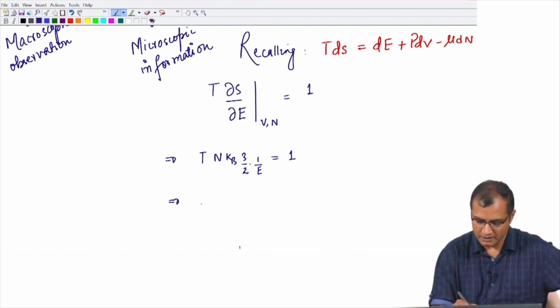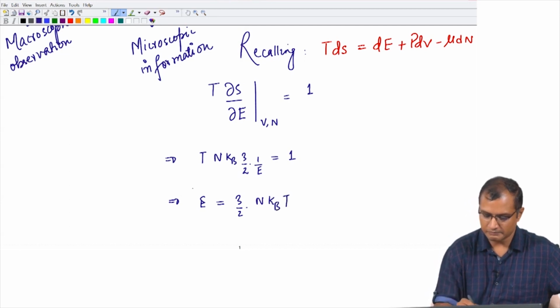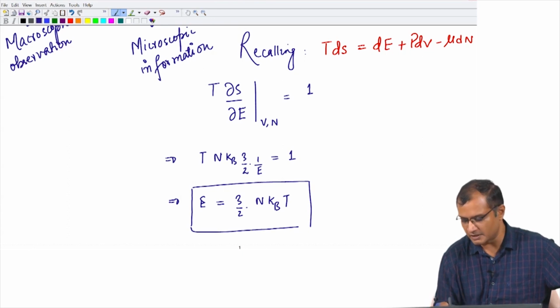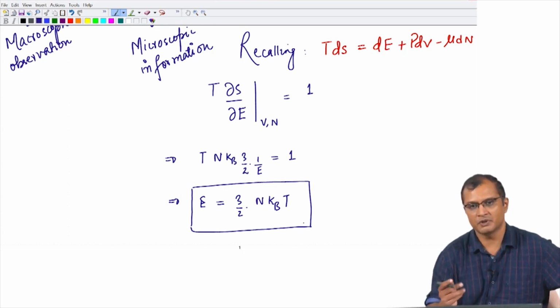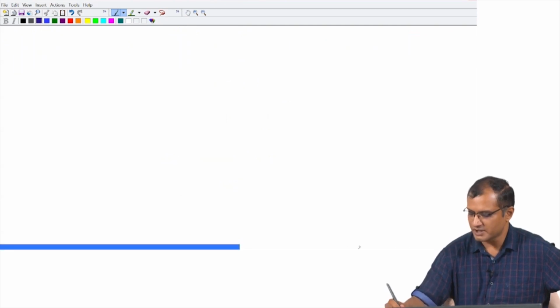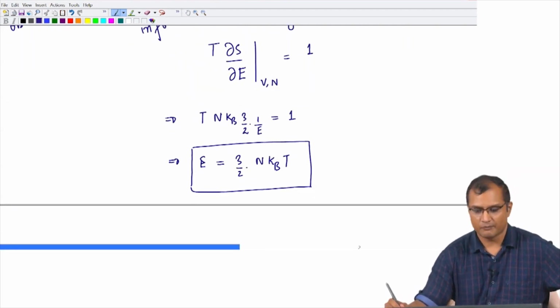So, this will give me the internal energy of a gas as 3 by 2 N kBT. That is the expression for the internal energy of a gas. Perhaps you knew it already from kinetic theory, but here you derived it using statistical mechanics.